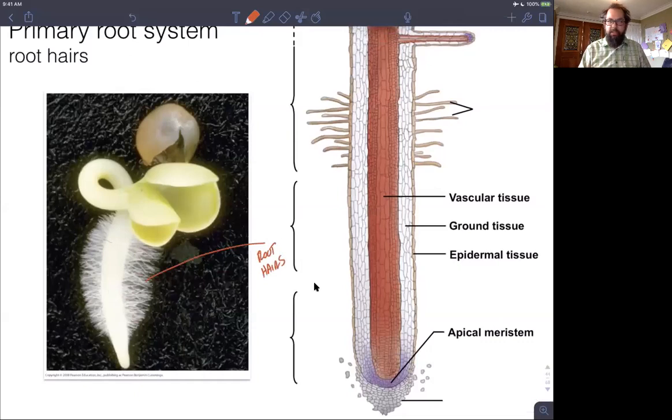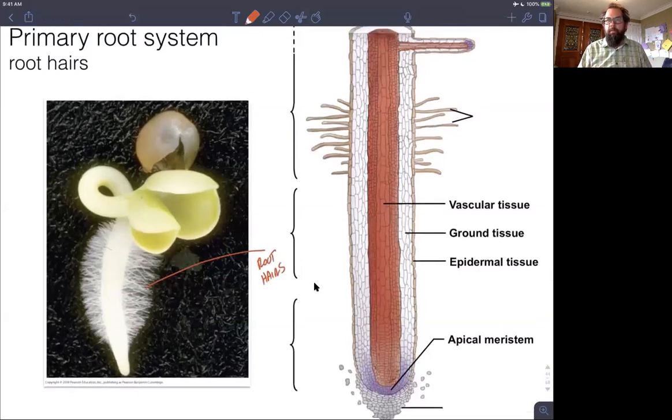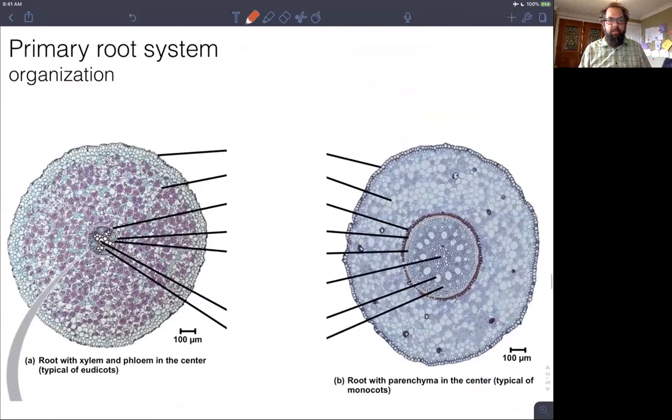Okay, so that's the organization of the primary root system from the outside. Let's now take a look at the cell types and the tissue types that we see in a cross section. And so here's a cross section of two different roots. On the left-hand side, we see a eudicot root, and on the right-hand side, we see a monocot root.